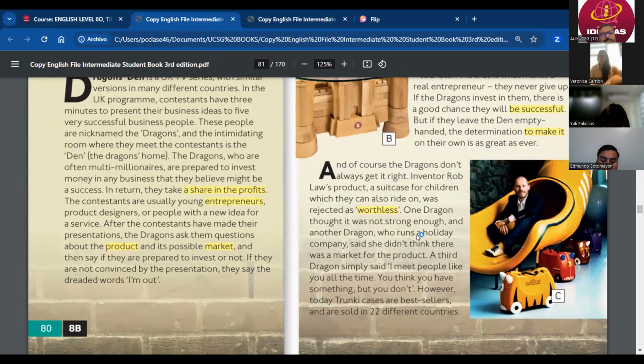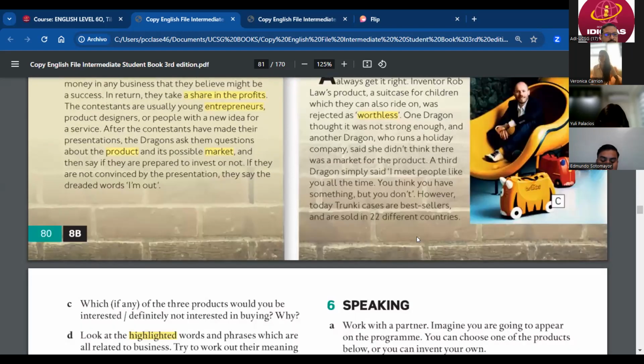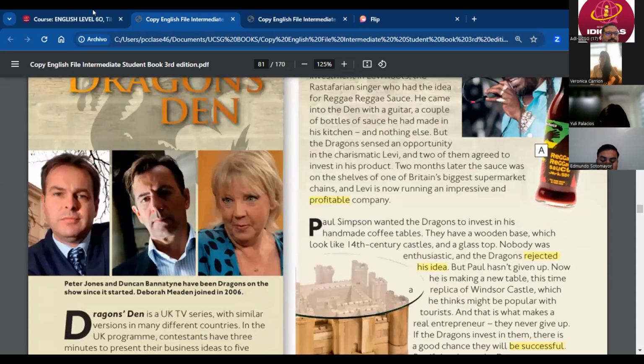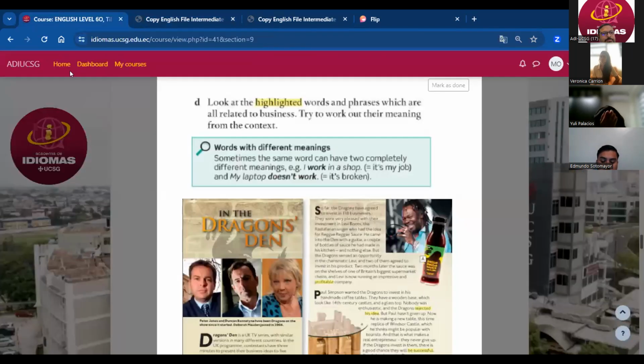Worthless, sin valor. Algo no valioso. Those are the words that we got highlighted, and the activity that is proposed by the platform is related to this part. The extracts of the article are related to that, right?